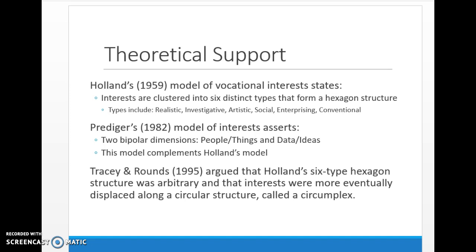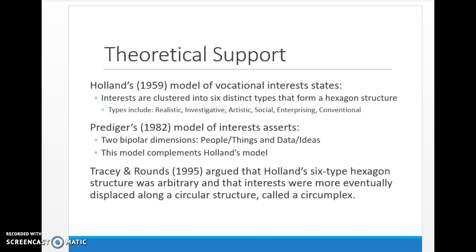So the thing with that hexagon is it does not necessarily have to be split up into these 6 types. Prediger came along and he said that you can divide Holland's model up on 2 different dimensions. One that ranges from interest in people to interest in things, and then another one that ranges from interest in data to interest in ideas.